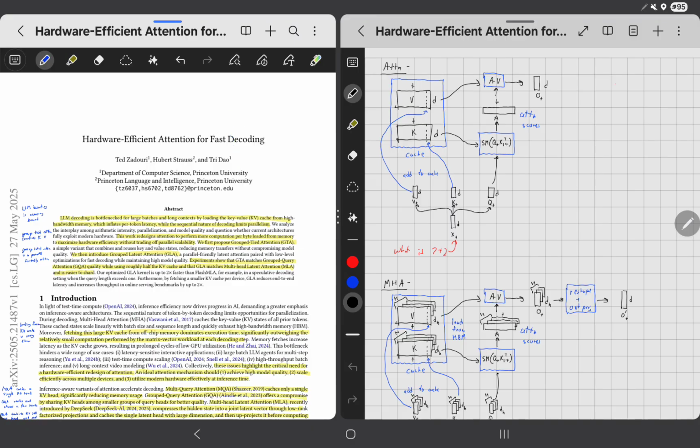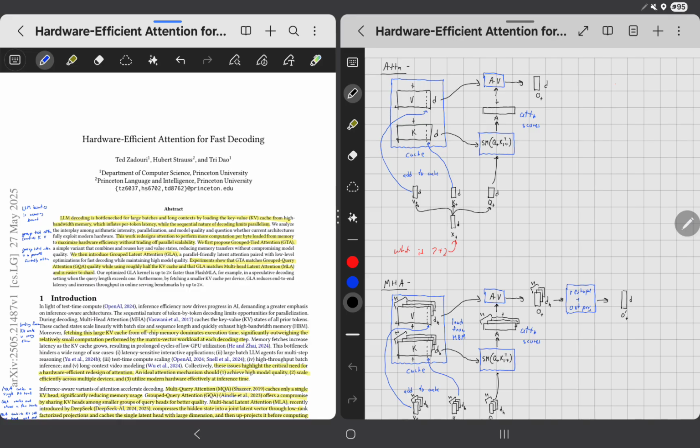Anyways, so "Hardware-Efficient Attention for Fast Decoding" is a cool paper. You've got Tri down there, so you know it's going to be a pretty cool paper. Basically, it's saying we have these forms of attention, and there are two different sides of why computations are slow.